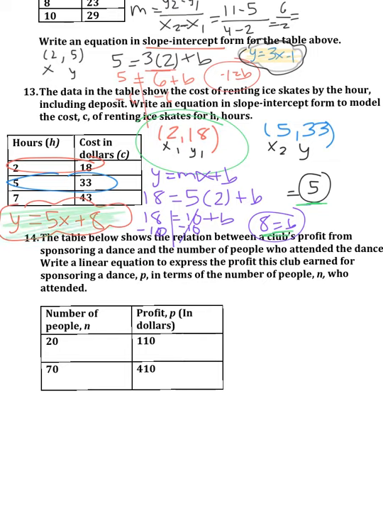We'll highlight it for 13. For 14, you are doing the same thing. We're talking about a dance club, same thing. Pick 2 points, and you actually only have 2 points. So you have to use those points. x1, y1, x2, y2. So I have 20, 110, and I have 70, 410.